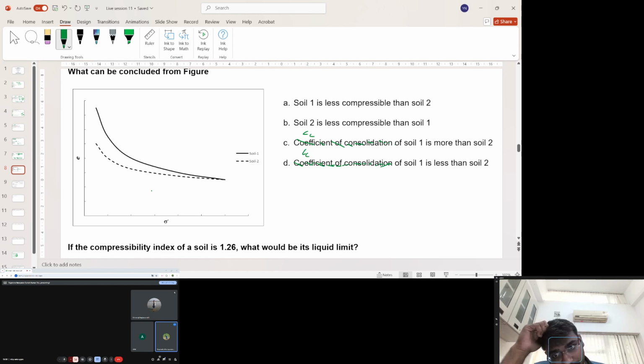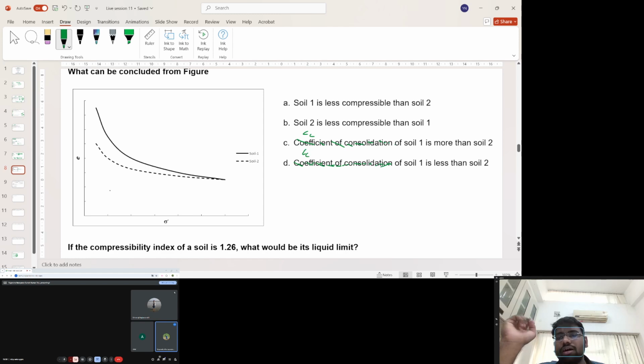Is soil 1 less compressible or more compressible? Soil 1 is the solid line, soil 2 is the other. Okay, soil 1, I think, is more compressible. Initial void ratio is high.